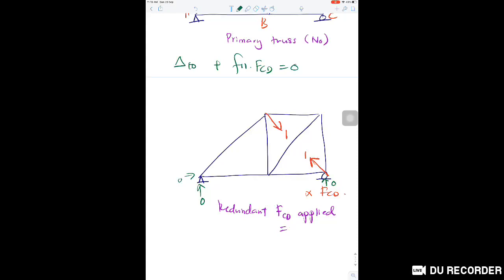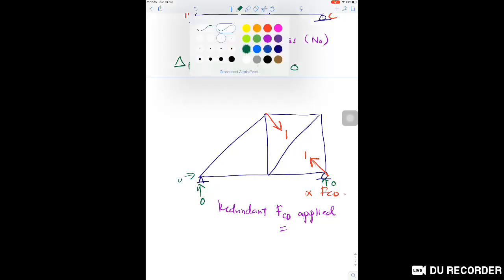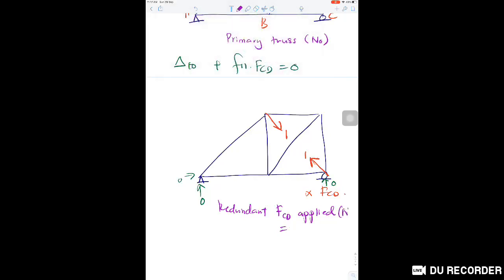Okay, so by having this truss, what we need to do is use the easy method to determine n1. Recall back, we have discussed in class last week.